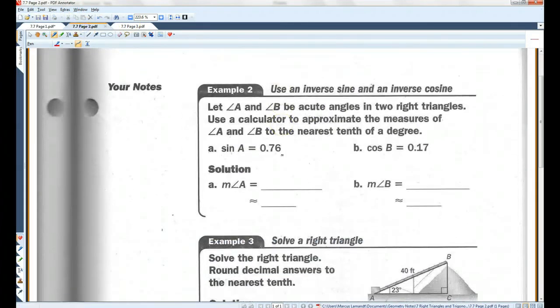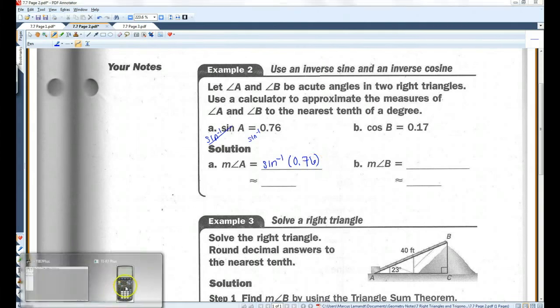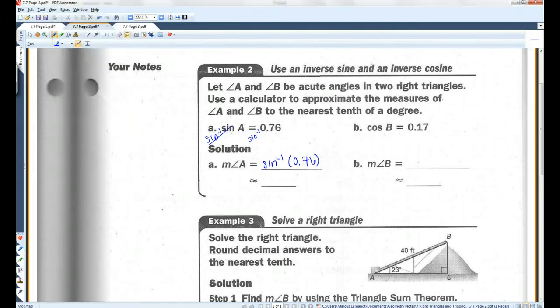Let angle A and angle B be acute angles in two right triangles. Use a calculator to approximate the measures of angle A and angle B to the nearest tenth of a degree. Okay, so sine of A. The way you get rid of sine is with inverse sine. That cancels that out. So the measure of angle A is the inverse sine of 0.76.